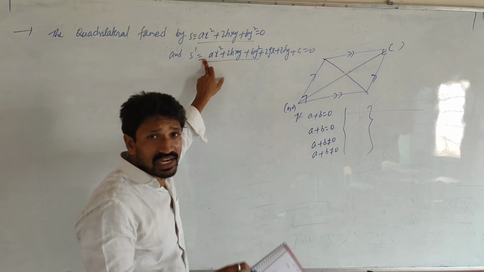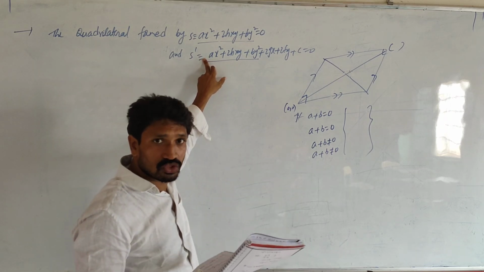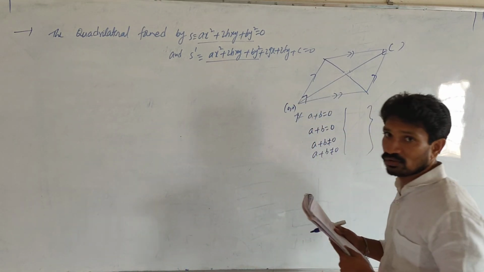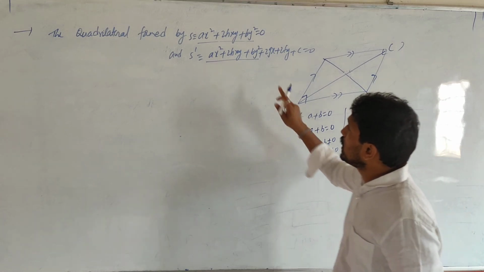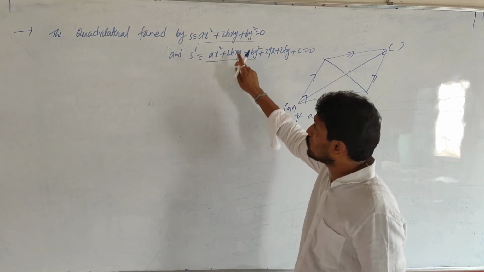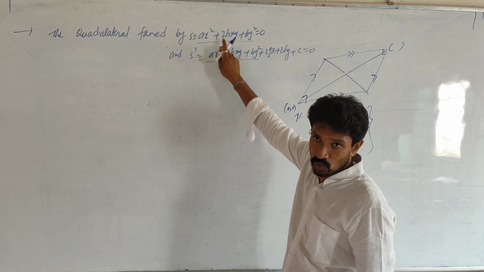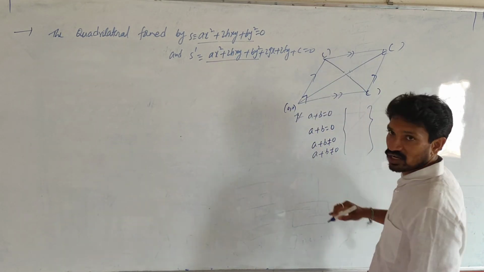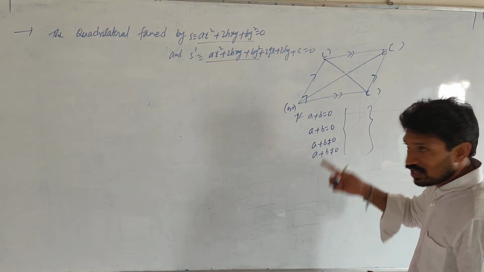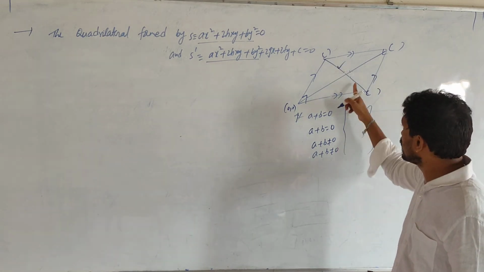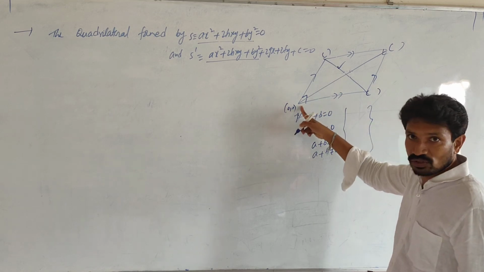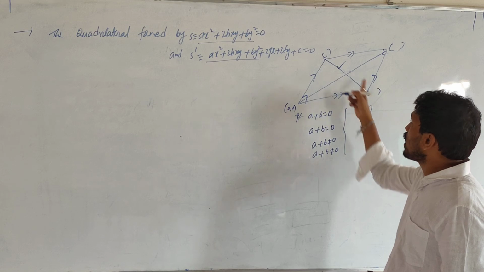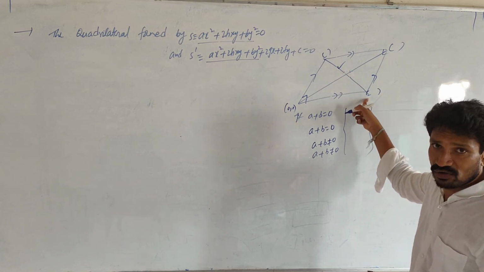The straight line which is not passing through the origin, and passing through the point of intersection of these two pairs of straight lines. This is the point of intersection. Then what is our required diagonal? That is nothing but this diagonal. This is the straight line not passing through the origin and passing through the point of intersection of the given two pairs of straight lines.